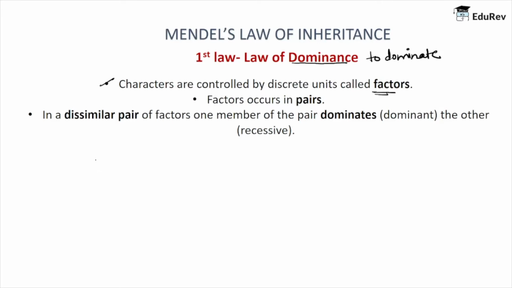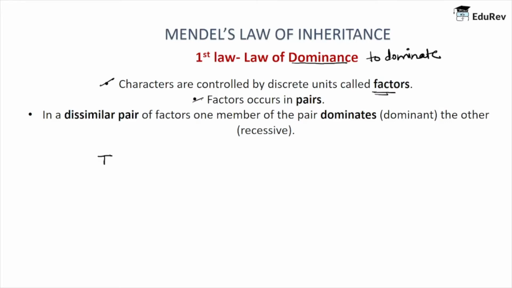For example, because now we know that those are called alleles, I would write capital T, the particular character which shows the tallness of a plant. This particular T, he called a factor.